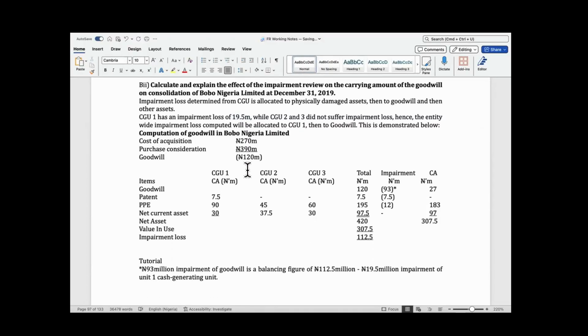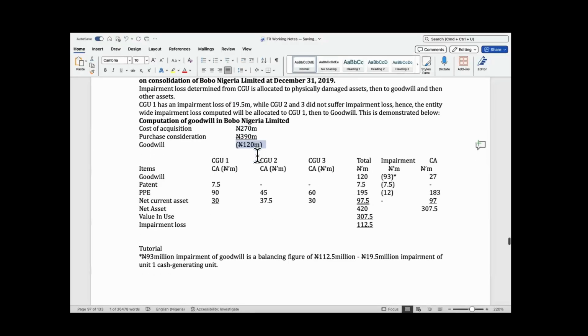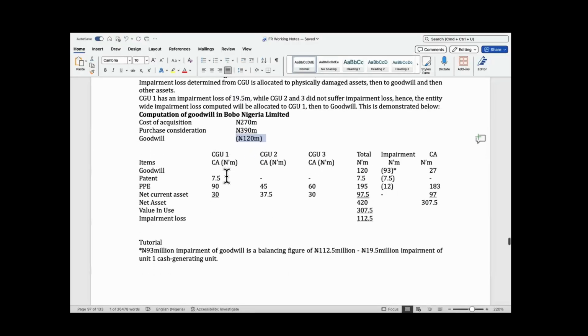Firstly, I determined the goodwill amount, which is cost of acquisition minus the purchase consideration, as given in the question of Bobo. Then I added all the assets in the CGU together and got a total of this.